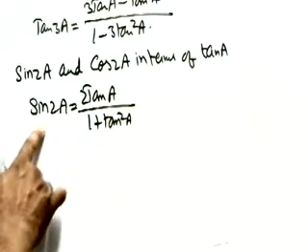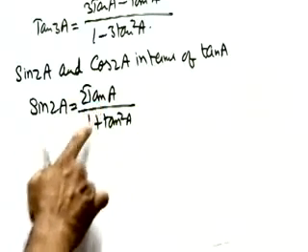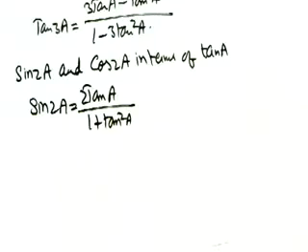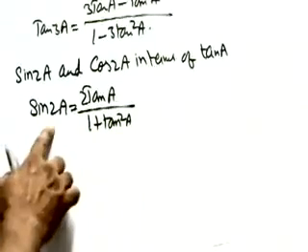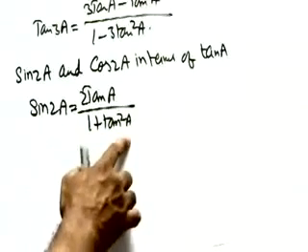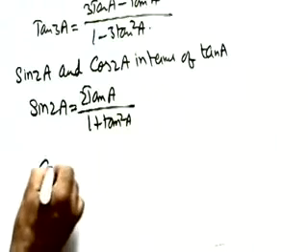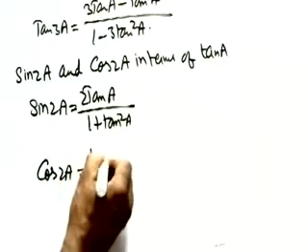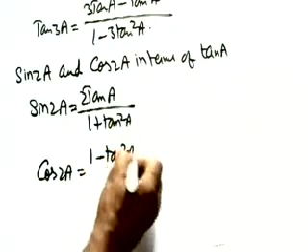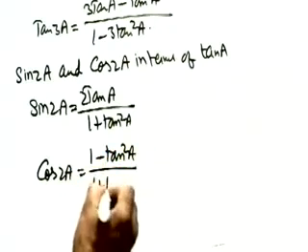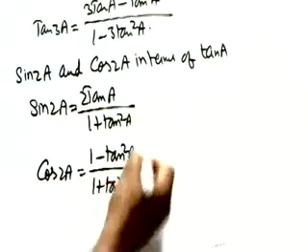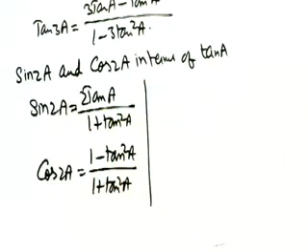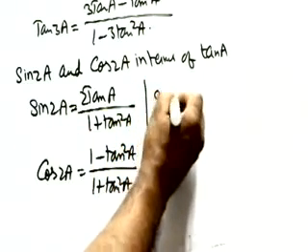Watch carefully: 2 tan a by 1 plus tan square a is sin 2a, whereas 2 tan a by 1 minus tan square a is tan 2a. Should not be confused. In the same way, we sometimes have to change cos in terms of tan. Then we write cos 2a as 1 minus tan square a divided by 1 plus tan square a.